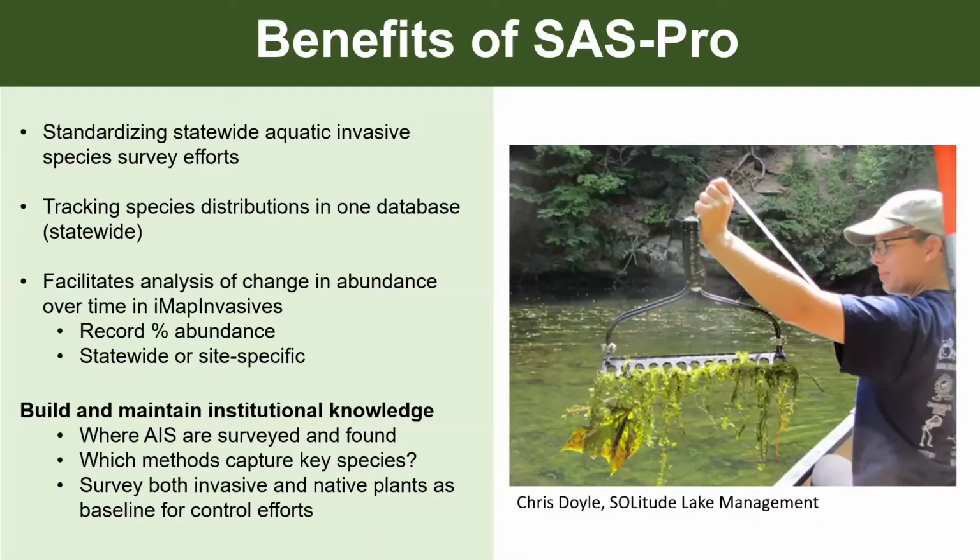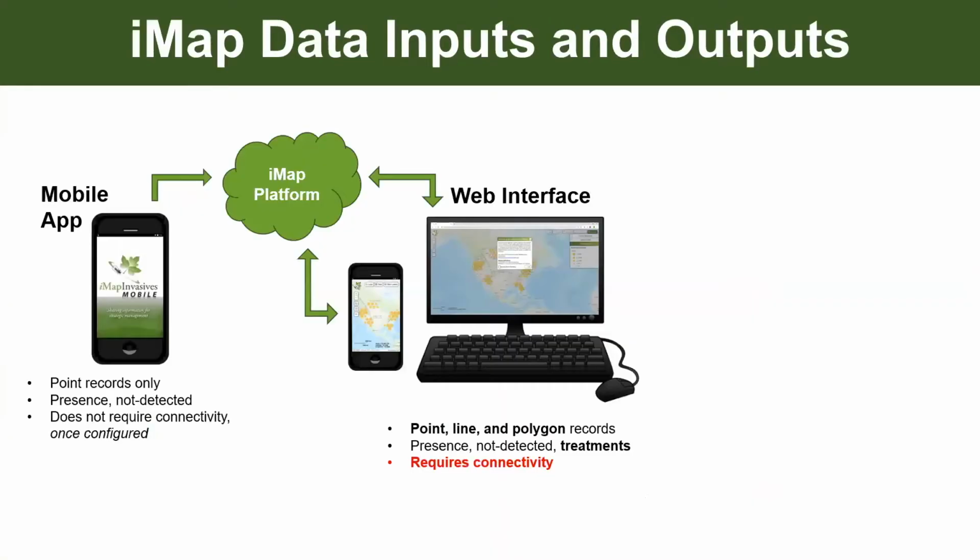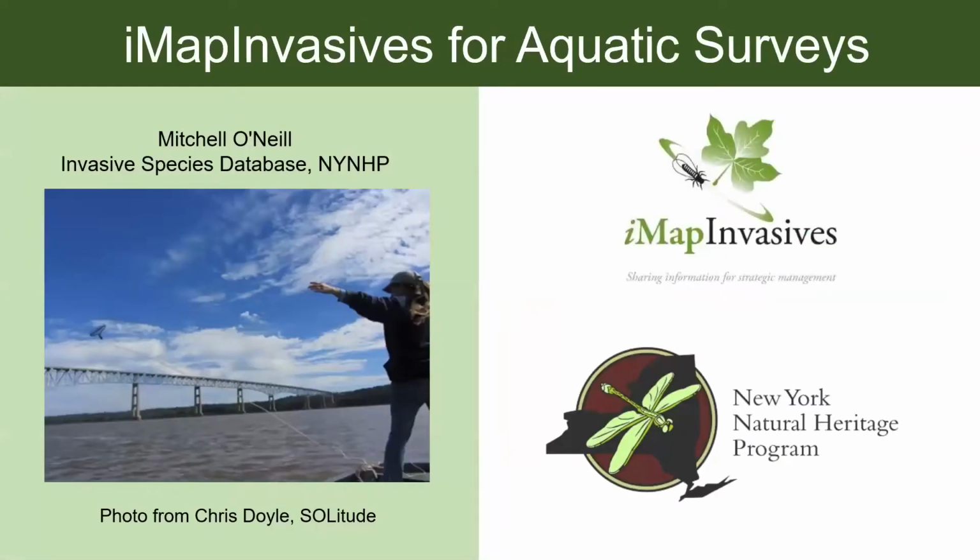And I have a bio for you. I can introduce you while you're getting hooked up there. Mitchell is the end user support specialist for the Invasive Species Database Team at the New York Natural Heritage Program. Mitch provides help and training for users of the iMapInvasives database and data collection tools, in addition to delivering outreach programs for iMapInvasives.